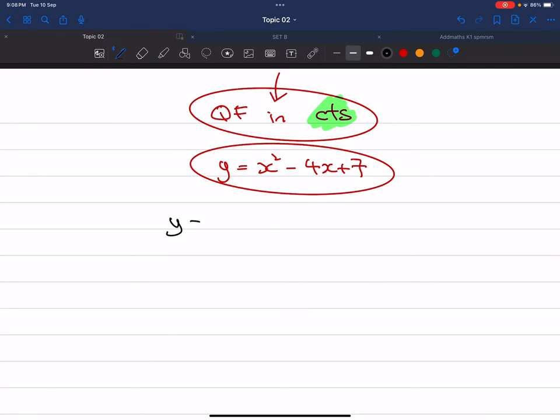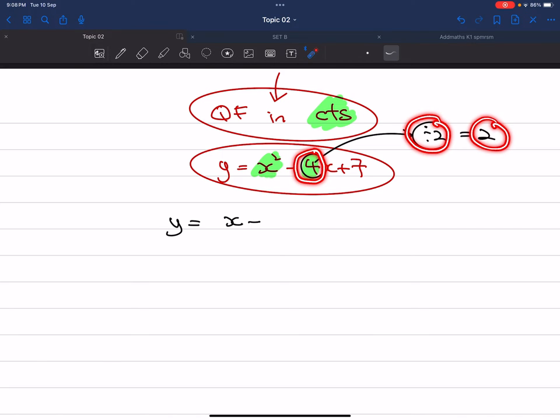Y, you put back y. X squared, you put x. Minus, you put minus. And the number in front of x divided by 2. So this 4, if I divide by 2, of course, I'm going to get 2.